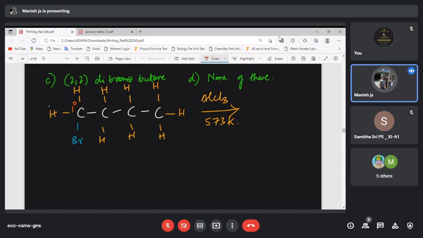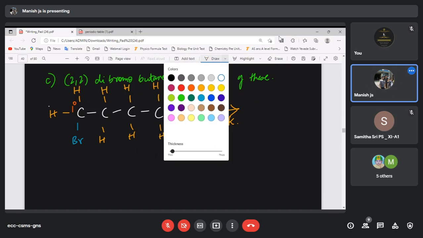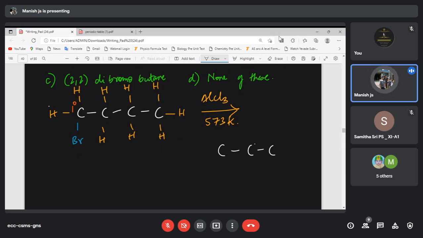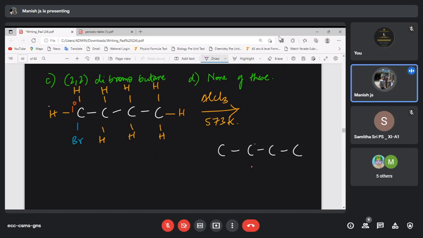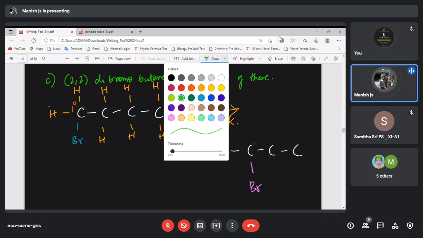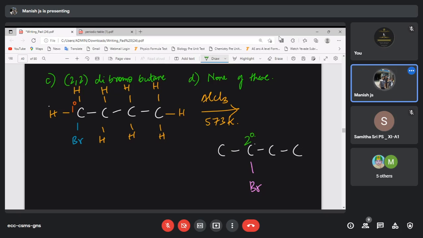So what will be the secondary halide of 1-bromobutane? Again you put 4 carbons. Secondary means the carbon attached to the bromo group should have 2 carbons, one on the left side and one on the right side.